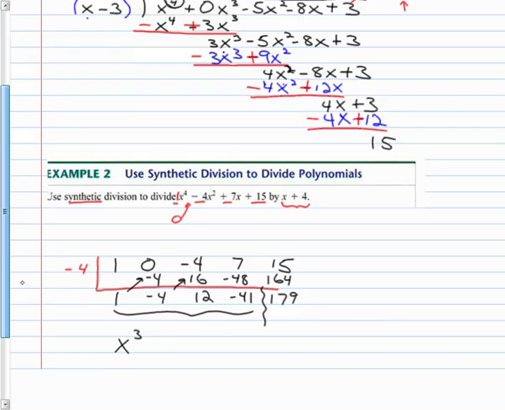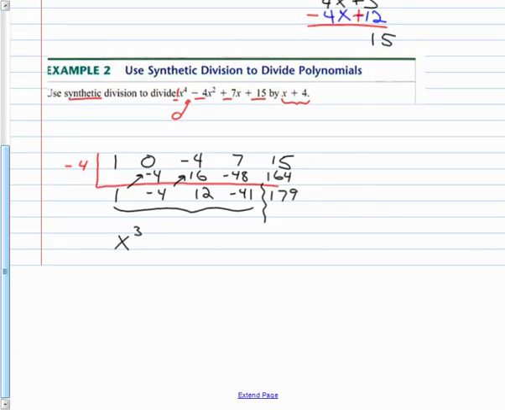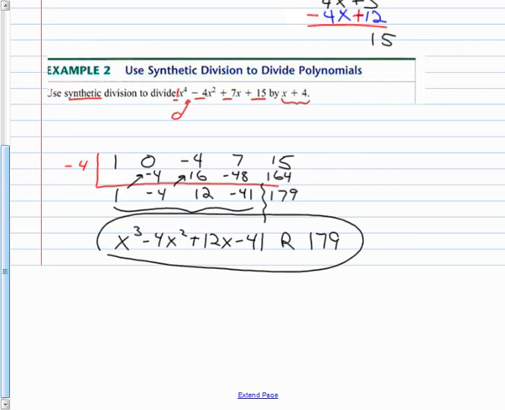It's always 1 degree less. So x cubed minus, and then it just goes down in order, 4x squared plus 12x minus 41, that's my constant, with a remainder of 179. So that's synthetic division. A little shorter, compressed, makes it a little quicker to do.